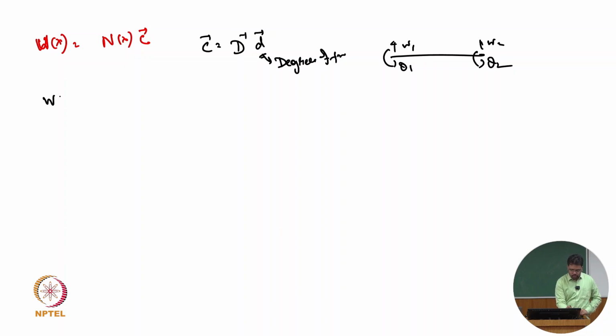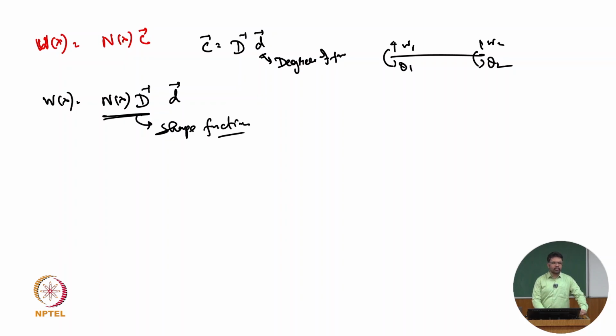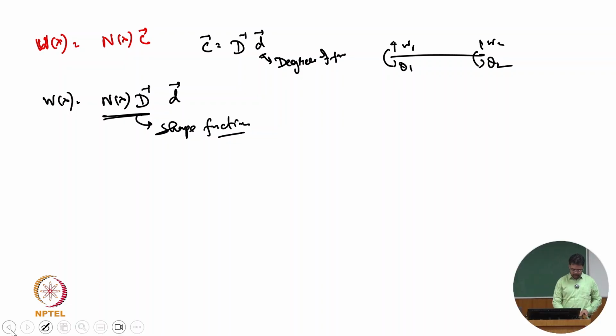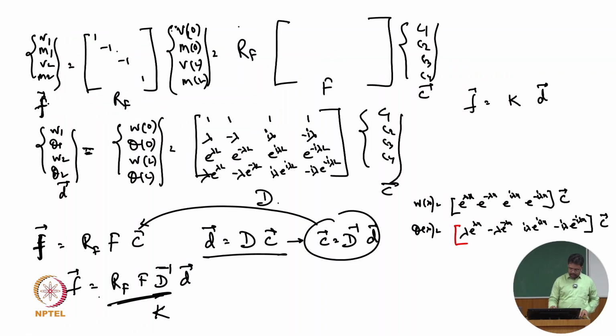So if we take N(x) whatever we have written and multiply it with D inverse, it can be converted, and this will be your shape function. Got that? Agreed? We can recalculate the function this way, and we can get W, theta, all those things.